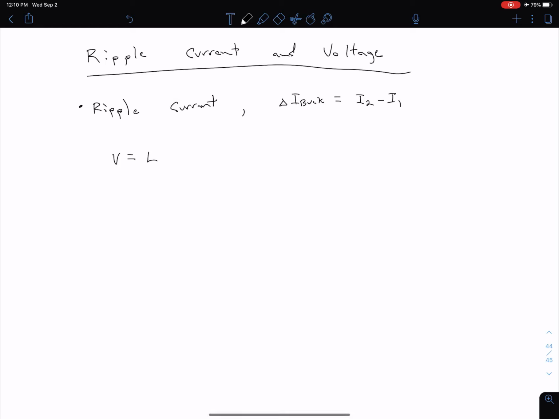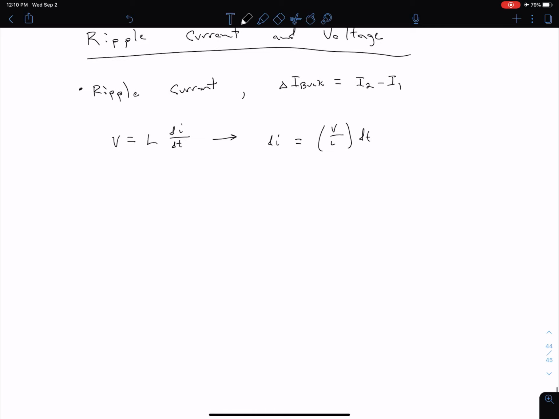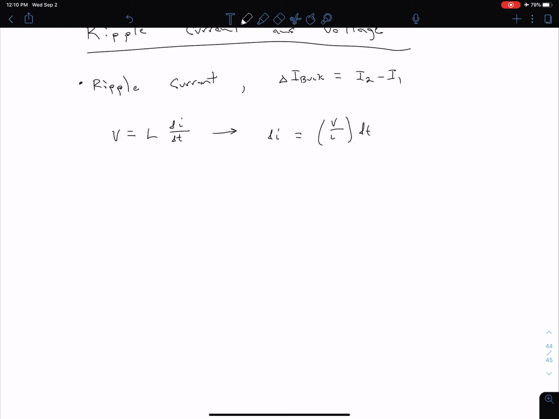For our inductor, V equals L di/dt. We can rearrange that and say di is equal to V divided by L times dt. Instead of di, let's call that delta I, and since we're talking about I buck, or I out, we can call that delta I buck.